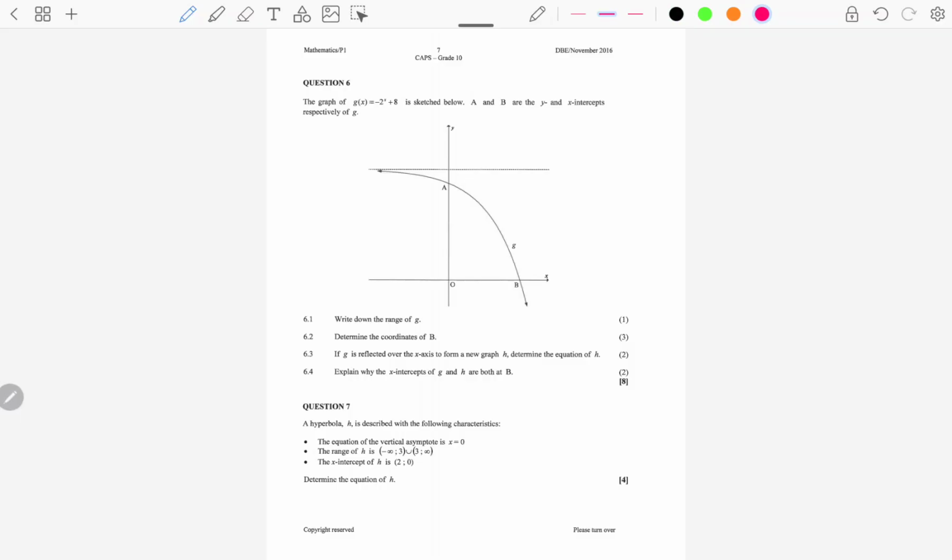But we know A is the y-intercept and B is the x-intercept. And this is the graph here. So let's highlight that in yellow. This is the graph.